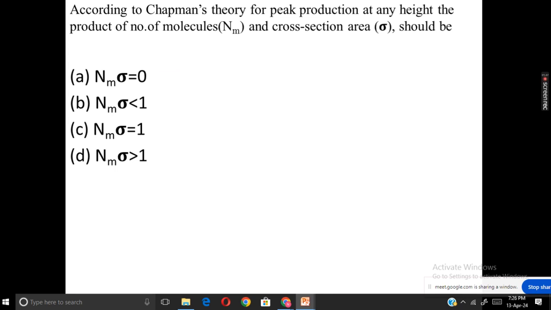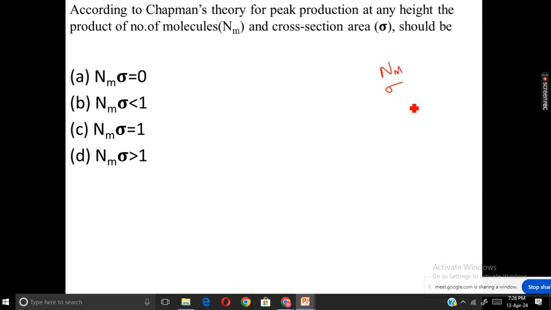According to Chapman's theory for peak production, at any height, the production of number of molecules and cross-section area sigma should be. This thing we have already learned when we were discussing Chapman's theory. Nm is the number of atoms or molecules present at a particular layer, and sigma is the area of cross-section of the activated atoms or molecules.